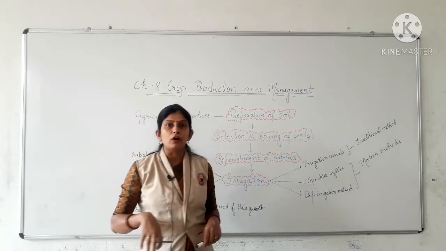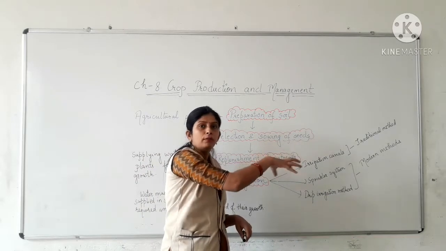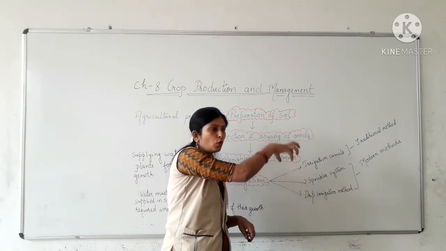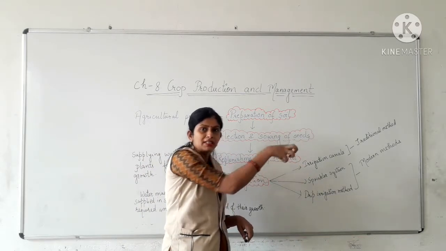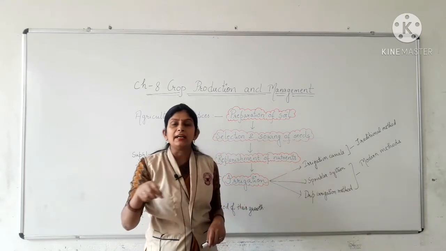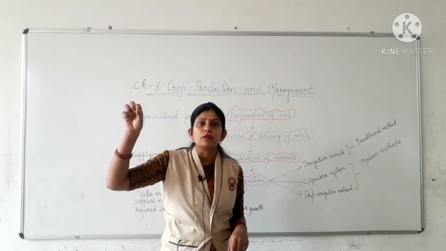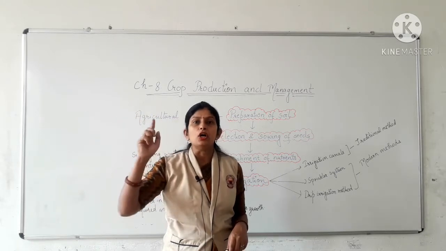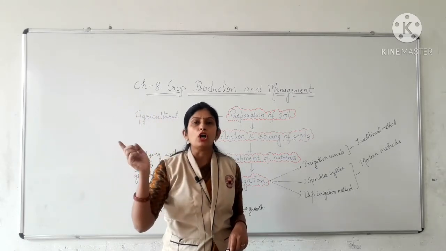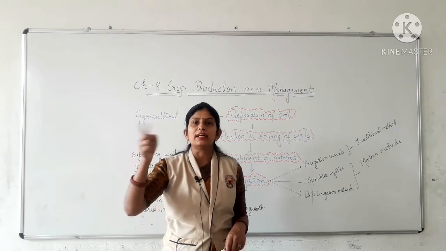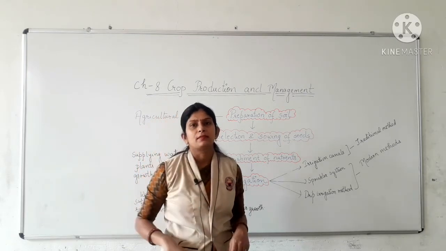So first of all, from the water source, water is passed through pipes, and through these pipes it is sprinkled or spread all over the field through rotating sprinklers.